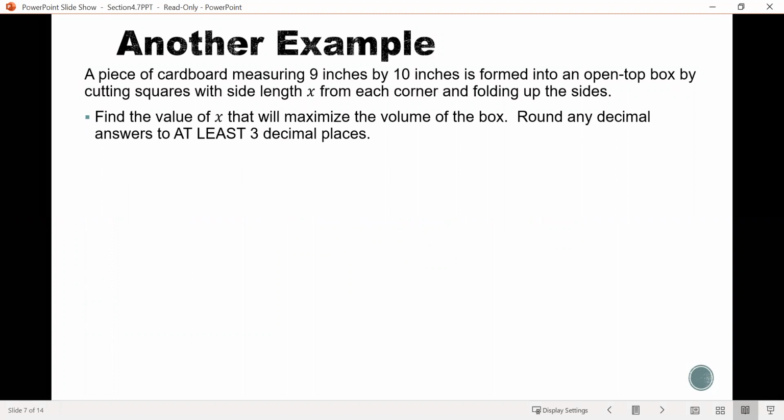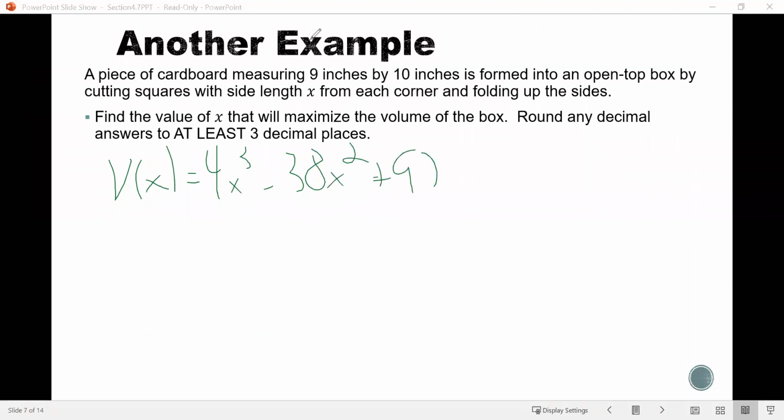So to do that, we'll start with our volume equation, 4x cubed minus 38x squared plus 90x. We can take the derivative, which should give us 12x squared minus 76x plus 90.